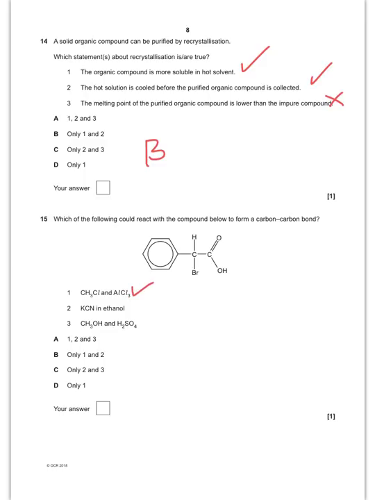Well, one would, because that would put a methyl group on the benzene ring. KCN in ethanol would, because the CN would replace the Br. And methanol and sulfuric acid would not. That would be an esterification reaction, and so that would form a carbon-oxygen bond like so. So 1 and 2, so your answer is B.